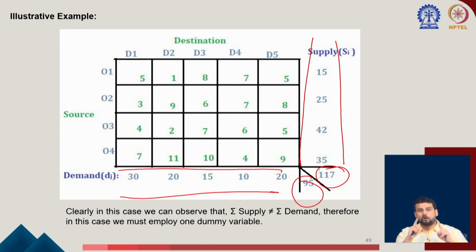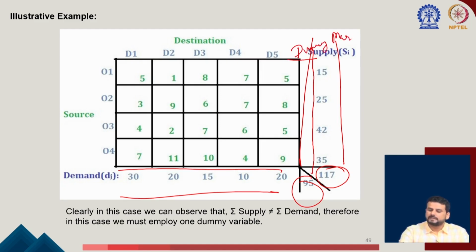In this case, how do we make the problem balanced? We will add one more dummy market, and for that market we will keep the demand as whatever the difference is. Here 22 is the difference, so we keep that demand of 22.